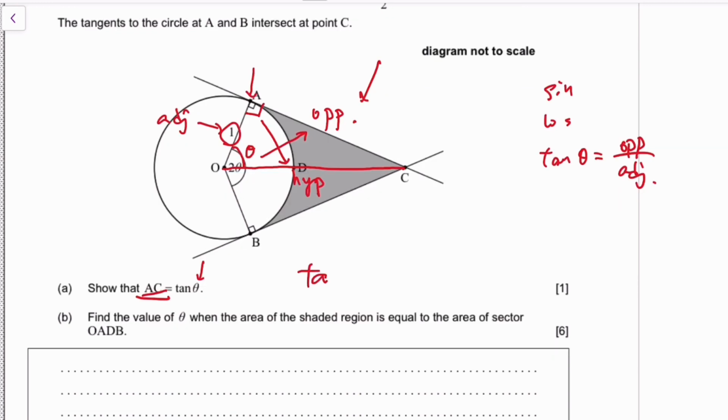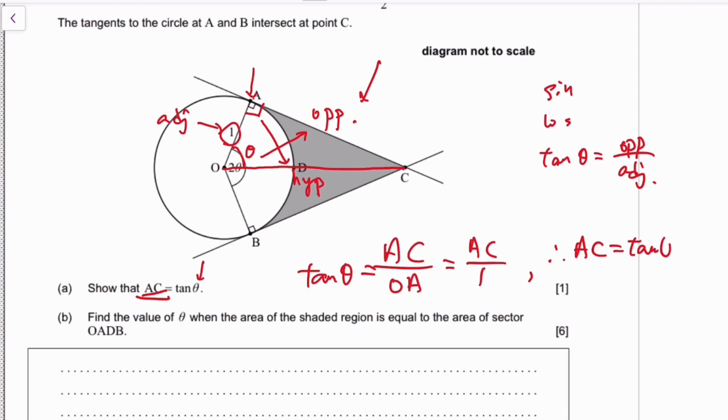Therefore, if you take tangent theta, you have AC over OA. But OA happens to be 1, therefore AC is just tangent theta. It's a bit obvious. It's super easy to get this 1 mark. Pretty much if you say this, you get the 1 mark.